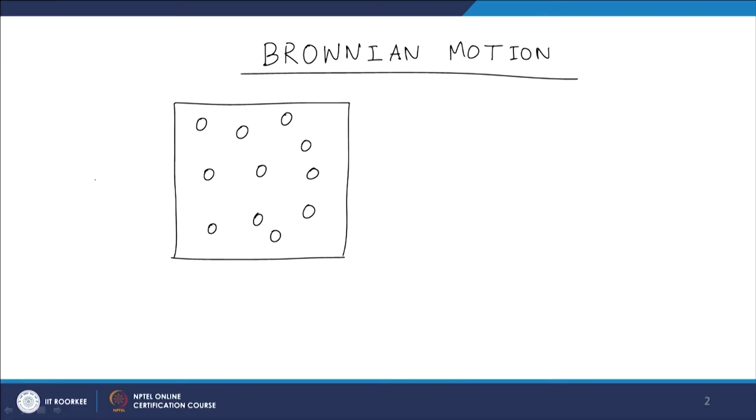That is, if I apply a force in this direction, it would not be that all the molecules would start moving in the direction of the force, as we normally think in the case of a macroscopic system. Let us say we have a block, I apply a force, and the block moves in the direction of the force applied. But if I look at the molecules within the block, they do not quite move in the direction of the force.